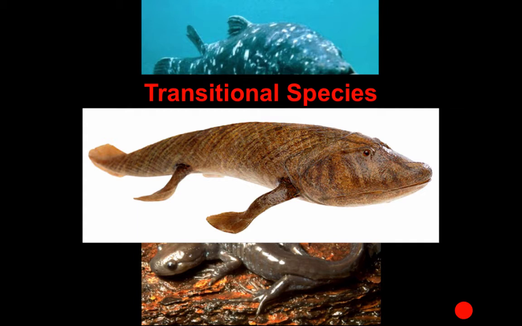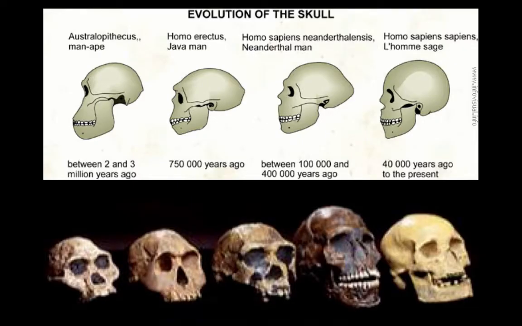So it's partly fish, partly amphibian, and it's moving onto land. Again, in this case, the fossil record is showing us the evolution of humans. And so when you put all these human skulls next to each other, you can see a general trend over time of changes that have evolved humans into what we know today.